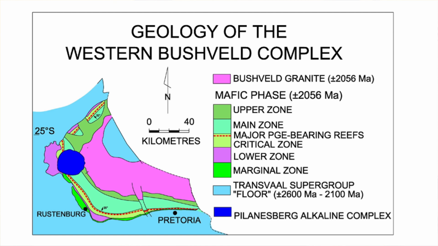To the north of the Pilanesberg, we have the Union section, and then there's what they call a gap where there's no Bushveld rocks. And then we have a Mandelbrot section. They're all dipping inwards to the center of the complex at about 20 degrees odd.